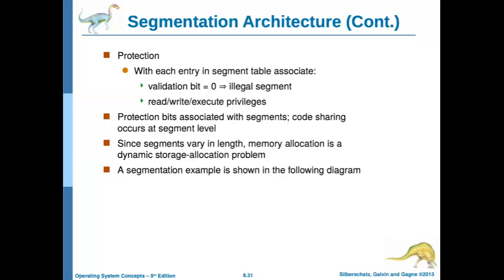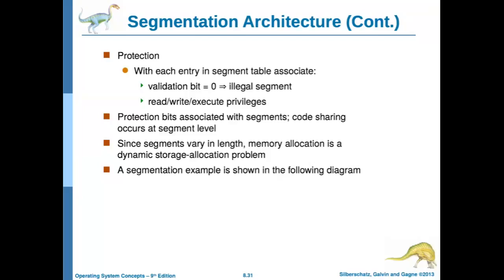Even read, write, execute kind of privileges are also possible. So we can provide some sort of permissions. That means segments can be shared. Typically code sharing is possible. So for example, if you are running multiple copies of the same program, and if there is a function, the code part of that function can be shared by multiple processes of the same program.